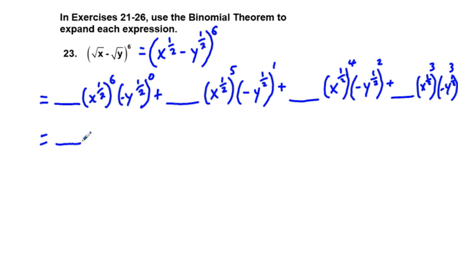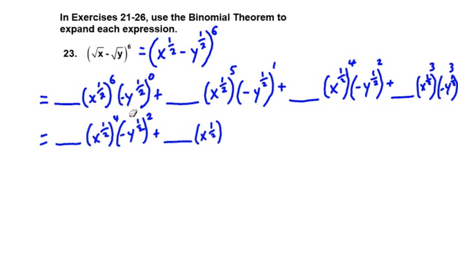And then on our next line, we're going to have blank for coefficient. We're going to have x to the 1/2 power to the power of 4 times negative y to the 1/2 power to the power of 2, and then plus blank for coefficient x to the 1/2 power to the power of, oh, I've got these numbers wrong, don't I?